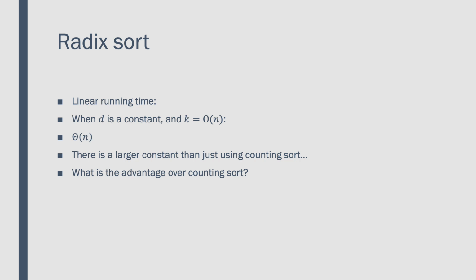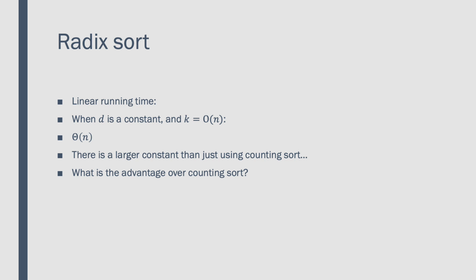Also, each pass involves additional operations such as stable sorting and digit extraction. So, although both can be linear in time complexity, counting sort is typically faster for small datasets or datasets with a small range of values because it avoids the repeated passes that Radix sort requires.